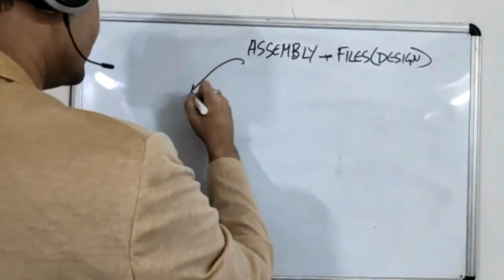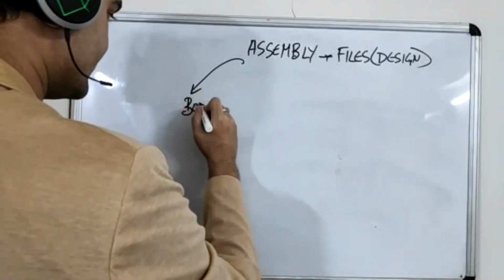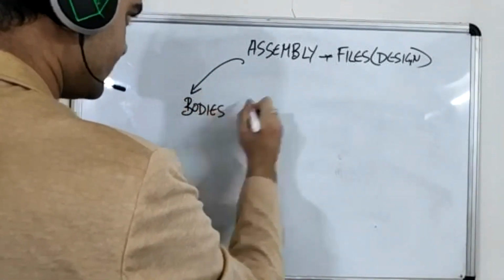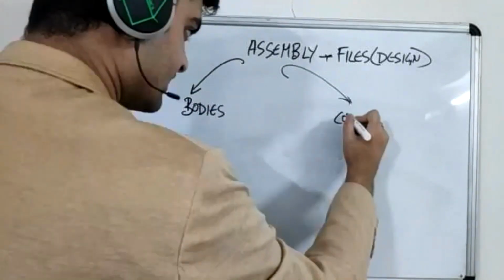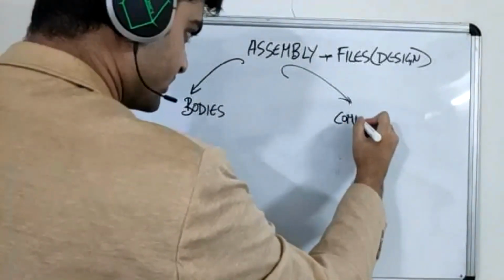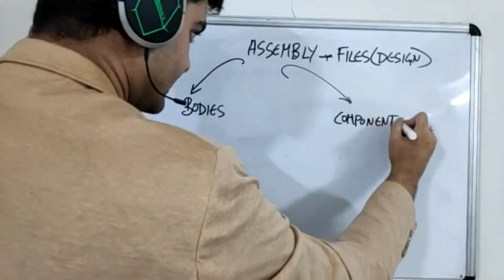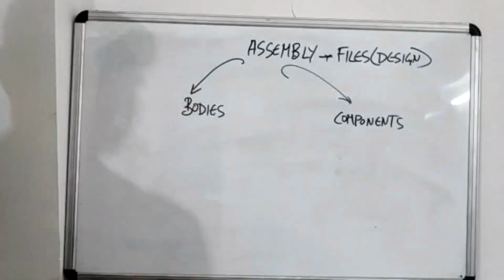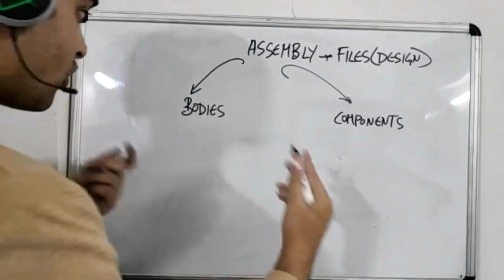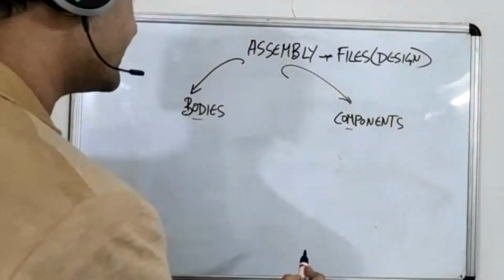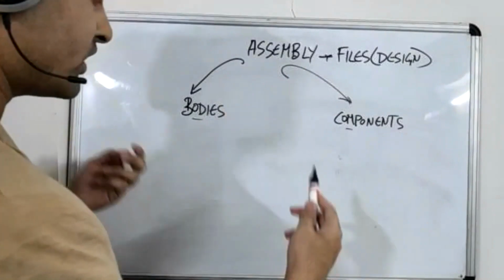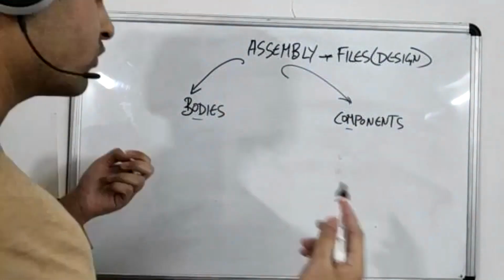The first word is bodies, and the second word is components. This concept is really important because when people start off with Fusion 360 or CAD, they often don't know the difference between the two. And knowing this can really streamline your workflow.